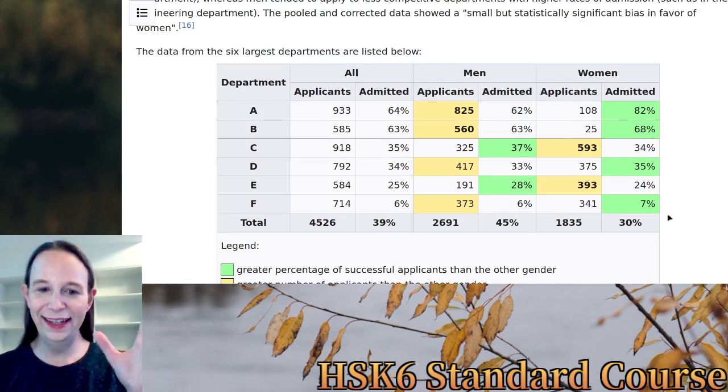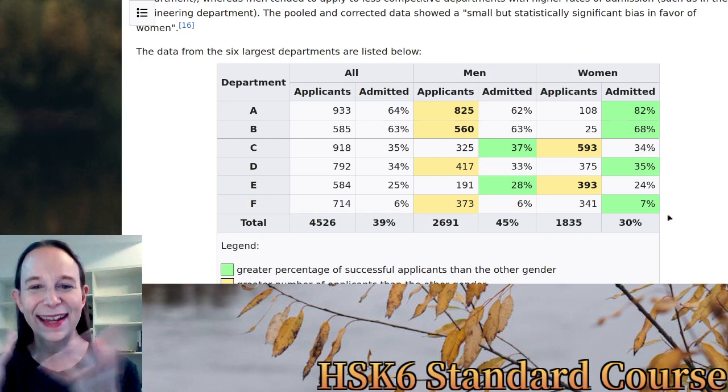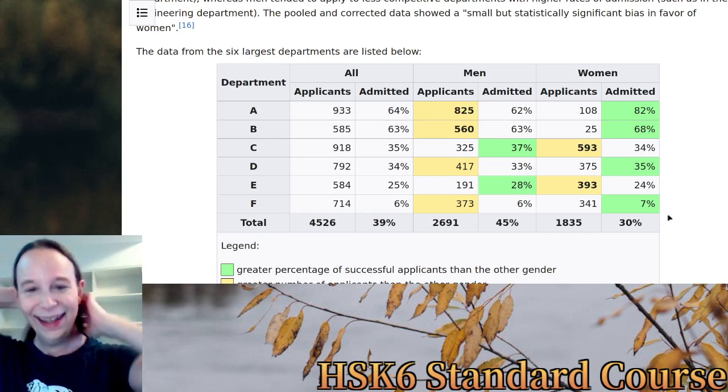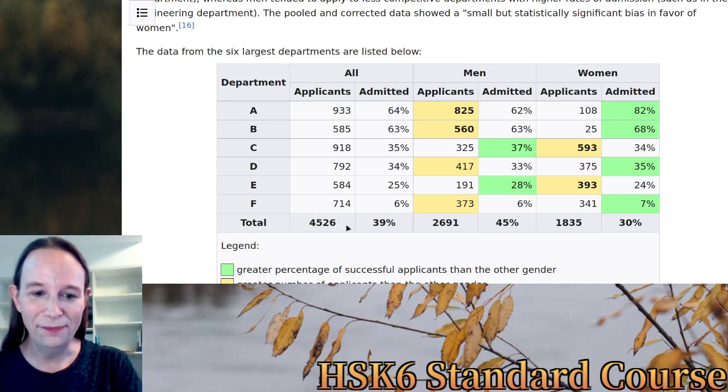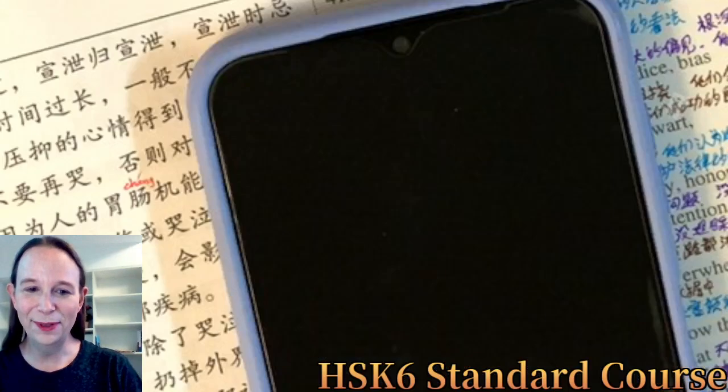But when you consider them jointly, it was actually sexist against men, and it's like, okay, you need to do your statistics properly. So maybe that's an example of what is it?